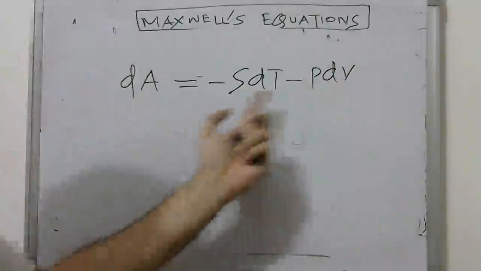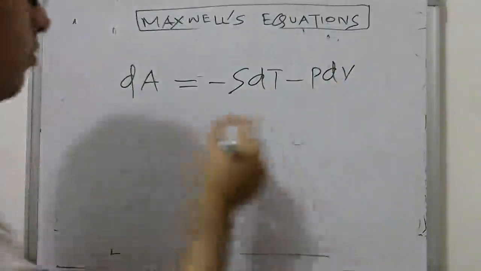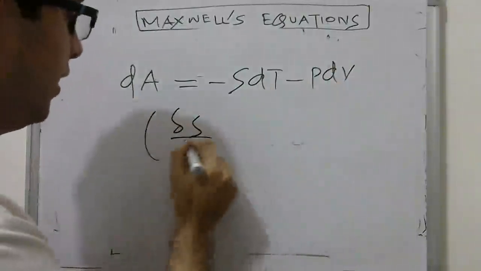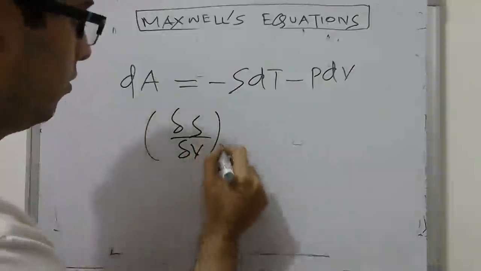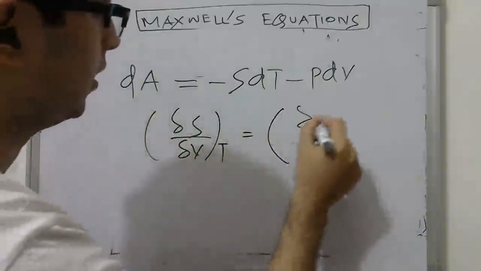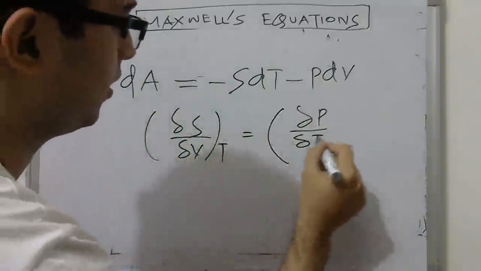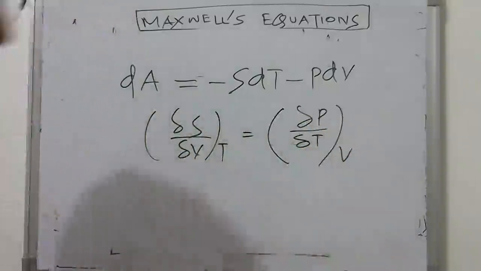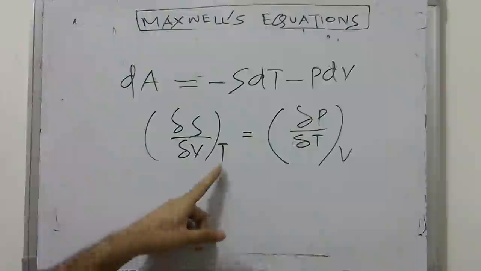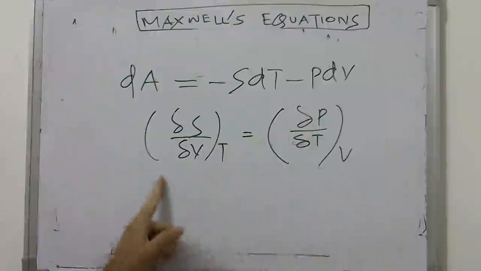So both here is minus, so it will ultimately cancel out. So I just write del S del V at constant T equal to del P del T at constant V. Del S del V at constant T is equal to del P del T at constant V.